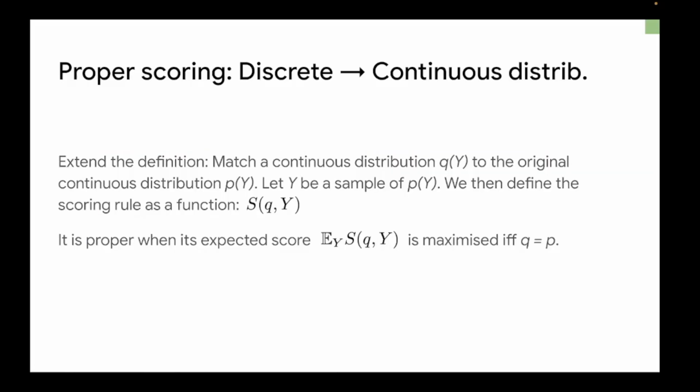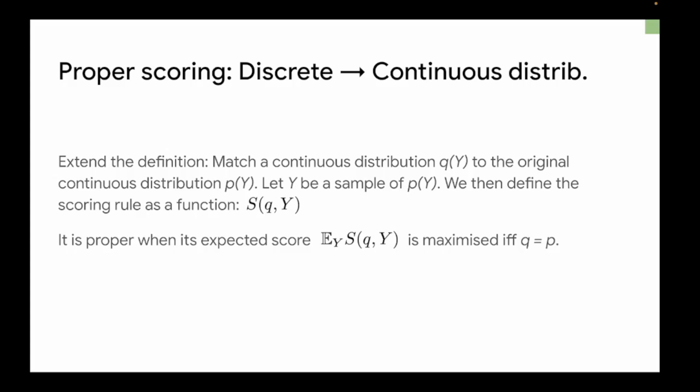All right. So now the question is, we have seen that proper scoring is such a strong tool, so why not use that here for continuous distributions as well? Again, we can extend the definition without too much difficulty. We can say the scoring rule is again a function of the predicted distribution and a sample from the distribution.